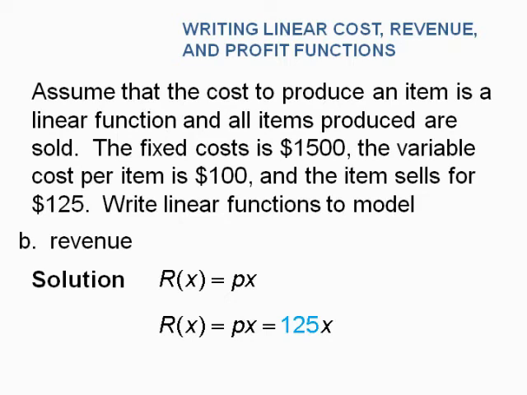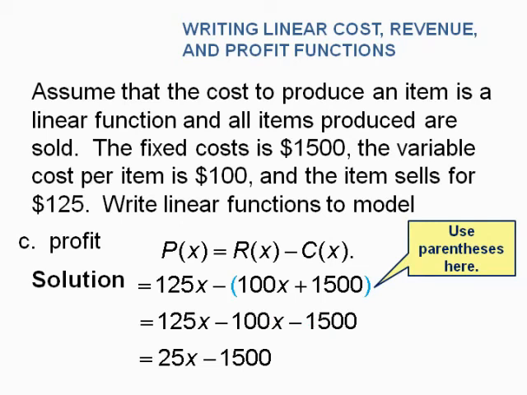Now part B, the revenue. Each item sells for a unit price of $125, so we're just going to take that for p and plug it in to get the revenue. And then to get the profit, we can use the formula P(x) equals R(x) minus C(x). So we're going to take the R(x), and you've got to be real careful, folks, when you subtract the cost, which is 100x plus 1,500.